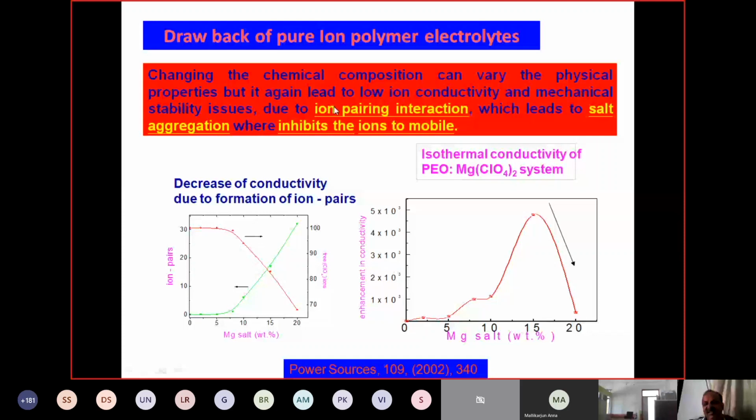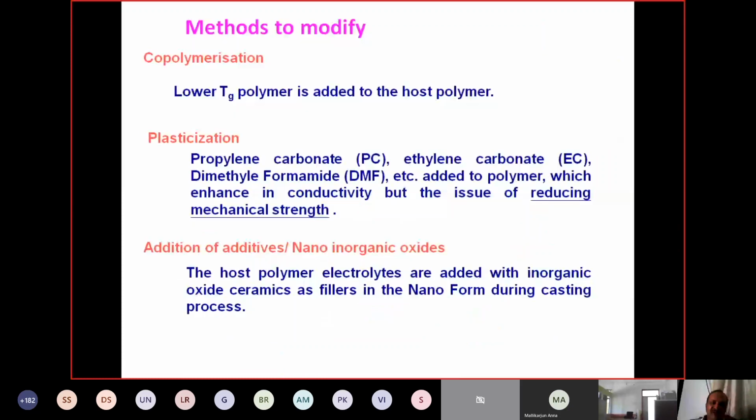To overcome this, there are different methods. The copolymerization method means we can add a low molecular weight polymer which has a lower Tg. This is one method. Plasticization, like propylene carbonate, ethylene carbonate, etc., is another method. The third method is the addition of additives or nano-inorganic oxides, where we call the result nanocomposite materials.